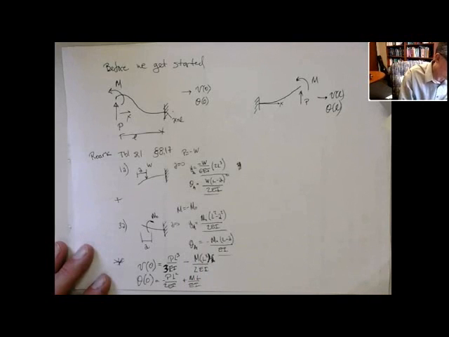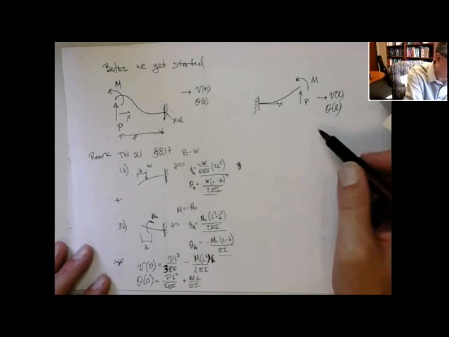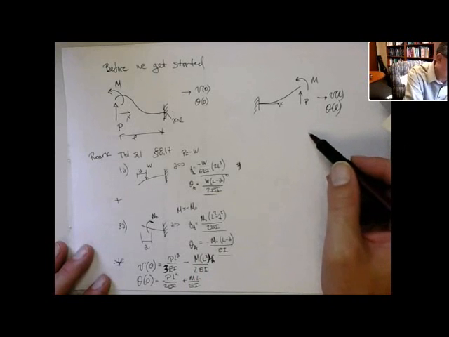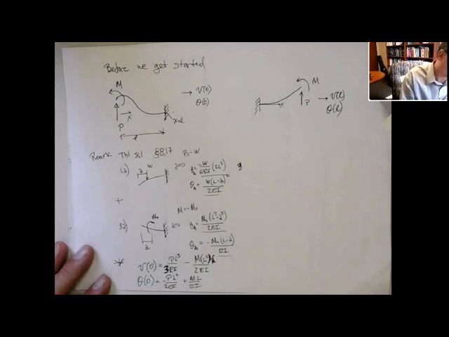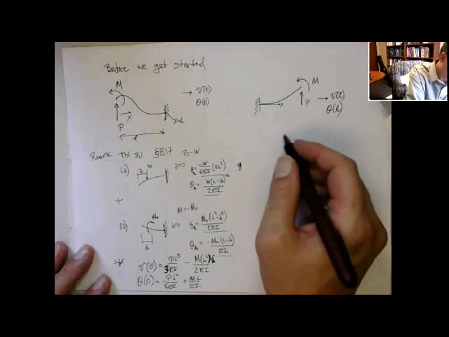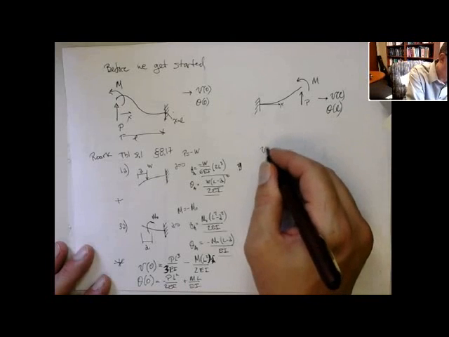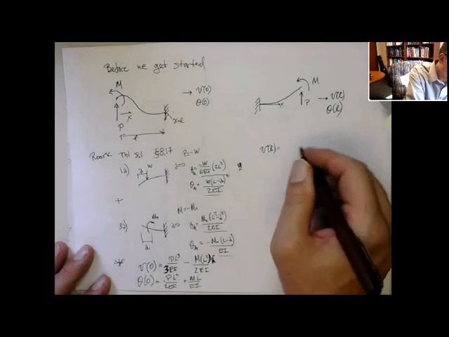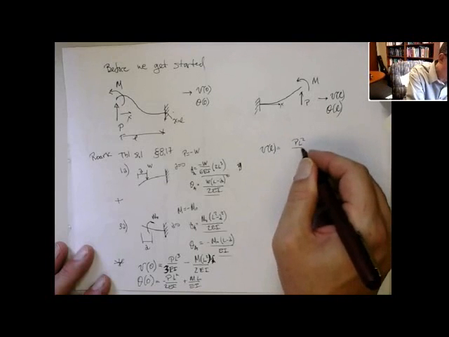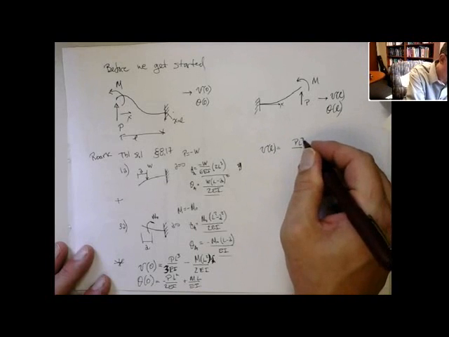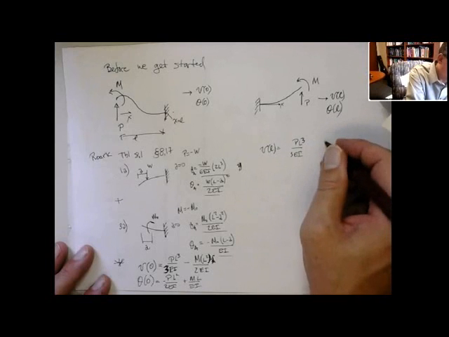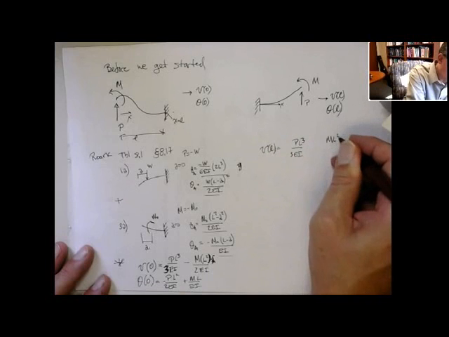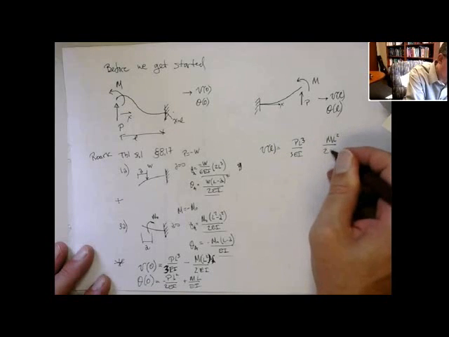Okay? Now this case is basically the same situation. I always forget what it is. Again, we have to worry about the signs, things flip around, and so on and so forth. But you know in this case that the deflection at L is going to have the same types of terms, PL cubed on 3EI, and then it's going to have an ML squared on 2EI.